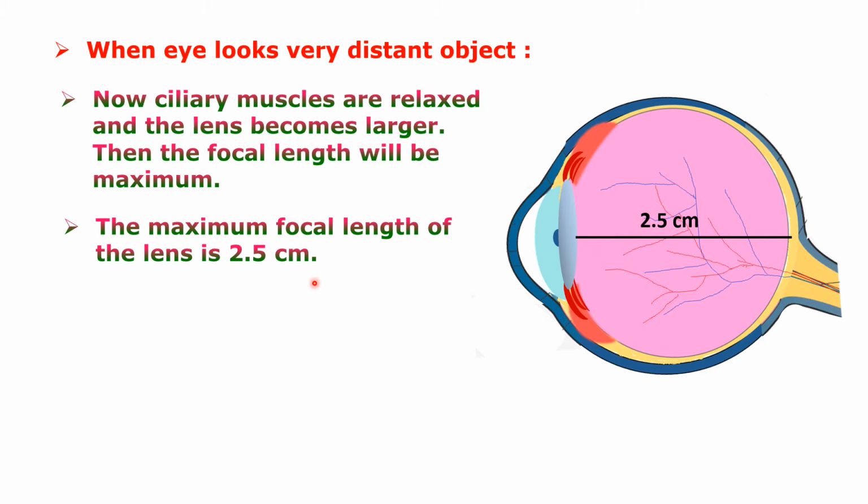That means when viewing the distant objects, the eye lens will have the maximum focal length. Why? Because at that time, in viewing the distant objects, the ciliary muscles will get relaxed so that the eye lens will become larger, so that the focal length will become maximum, that is equal to 2.5 centimeters.